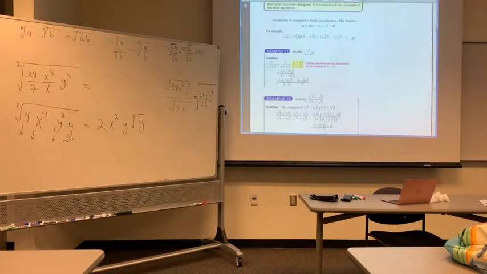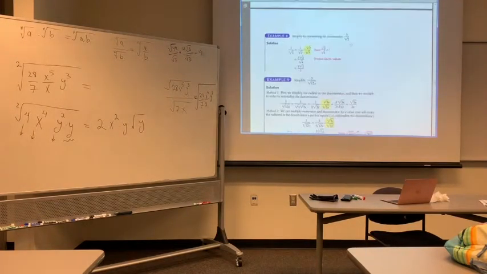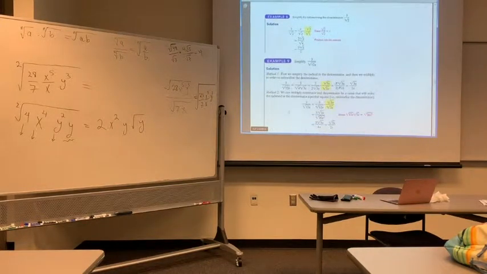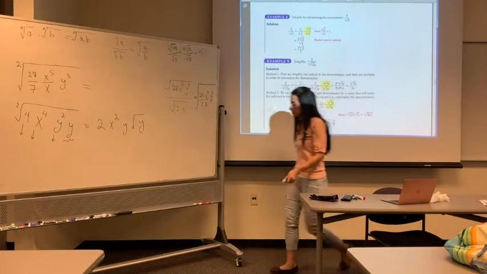Okay, so let me explain this. Rationalizing the denominator. Sometimes when we have something like 3 over radical 2, we prefer to get rid of that denominator which has a radical.